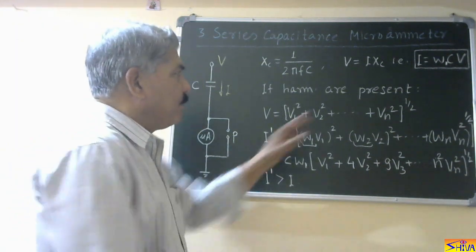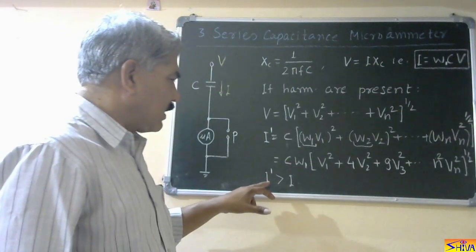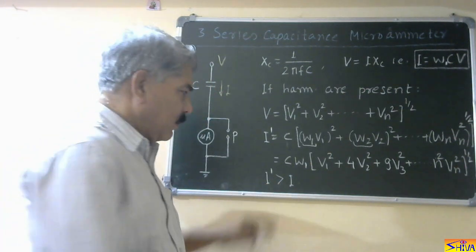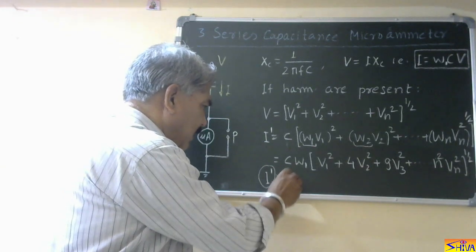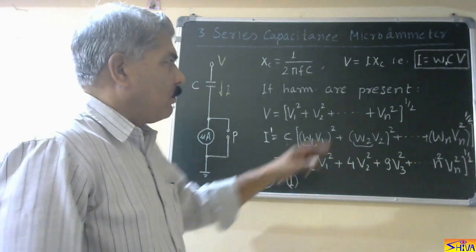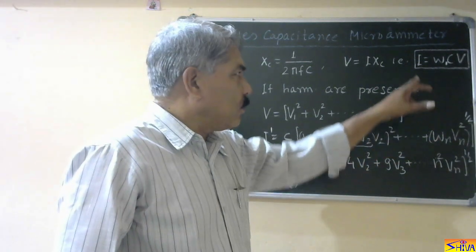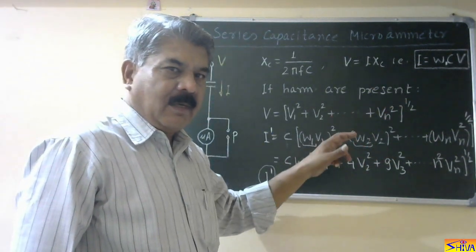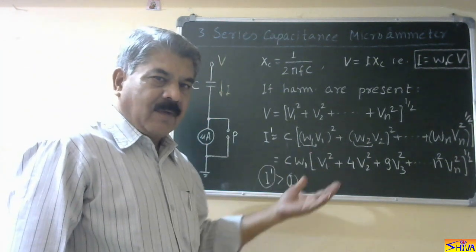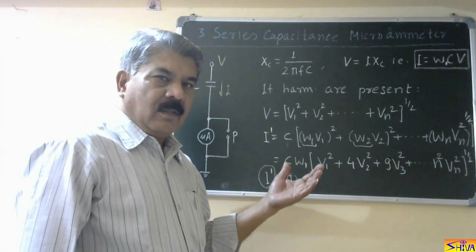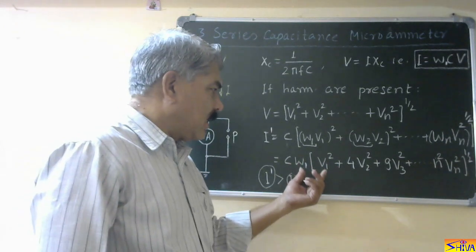So if you compare these two equations, obviously I dash will be greater than I. So actually current measured is I dash and not I, and we want only the fundamental component. So there will be error in measurement. Voltage measured by this meter will show a higher value, because fundamental component is there as well as harmonics.